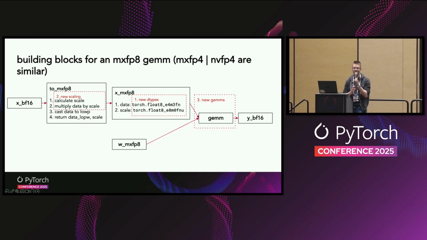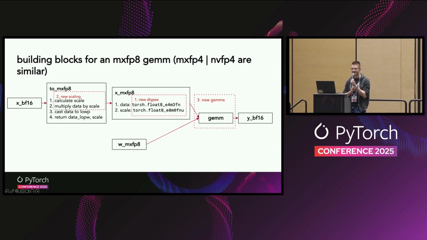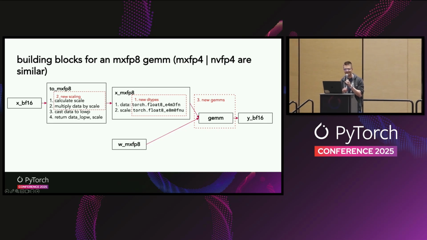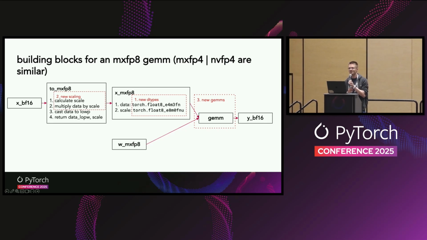If you want to scale your tensor to mxfp8, you need to use the new scaling format, which Driss is going to talk about further. Then the third box: you need some new dtypes to represent the data and the scale of an mxfp8 tensor, and we'll talk about the dtypes. And finally, you can call new low-precision gems in PyTorch to get the performance benefit when you do your gems. Driss is going to talk about those.